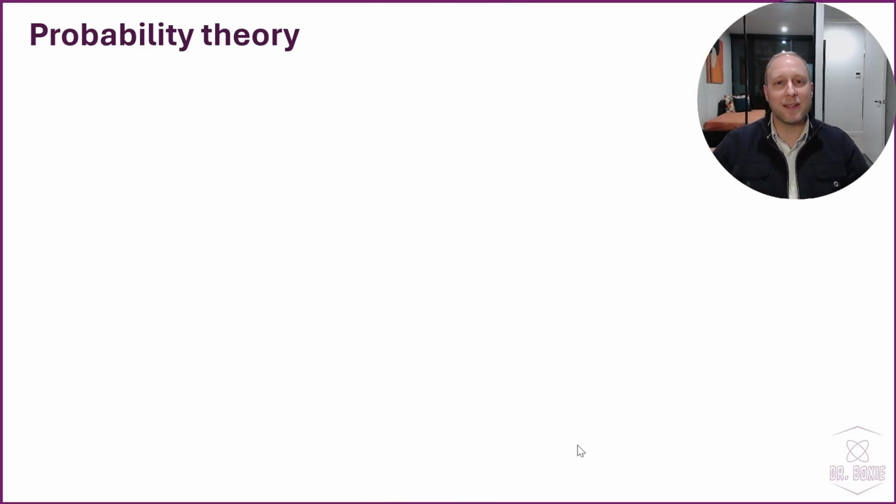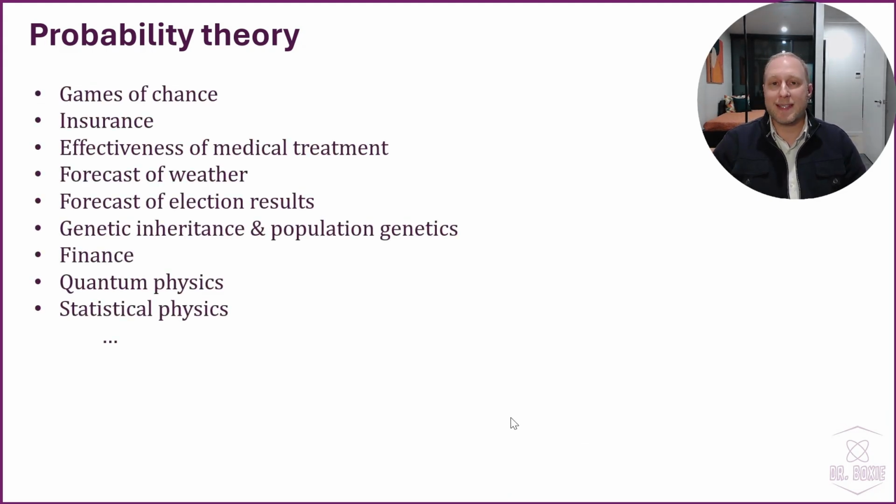Why study probability theory and statistics in the first place? Well, among other reasons, one very good reason is that it is one of the most widely applied, used branch of mathematics. Its applications range from understanding the odds of winning in a game of chance to understanding quantum mechanics.